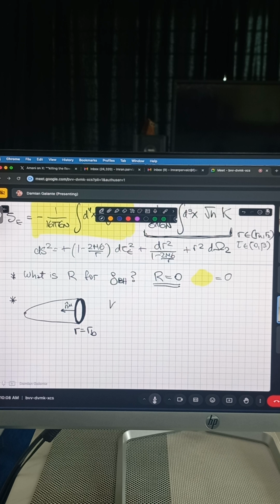And the formal definition of K mu nu, what we call extrinsic curvature, is just the covariant derivative of the normal unit vector at the boundary. This thing over here is the normal unit vector at the boundary.